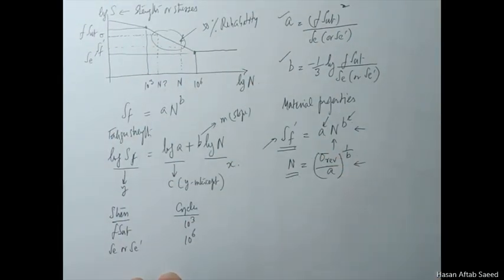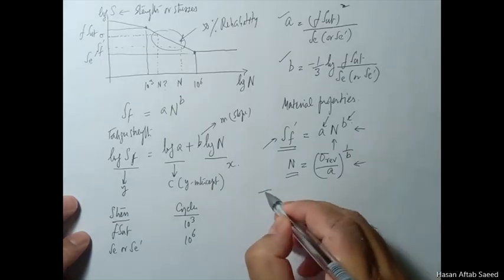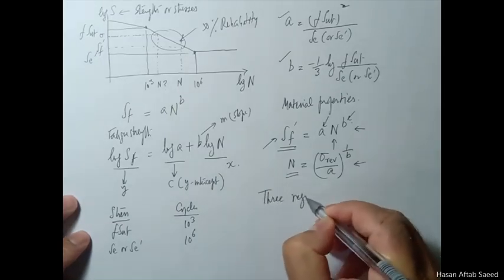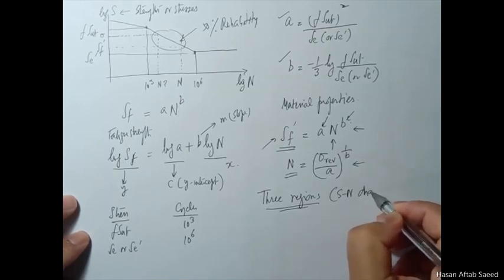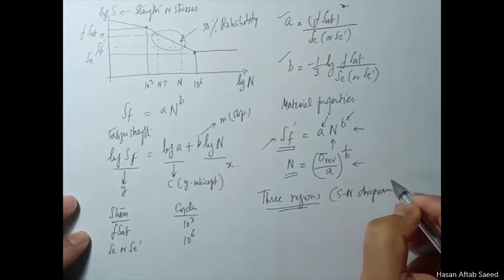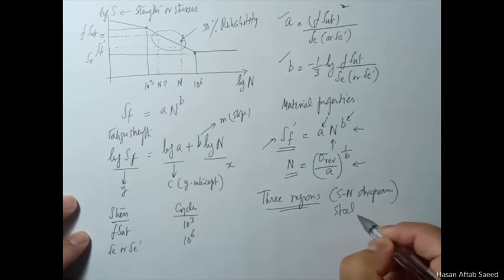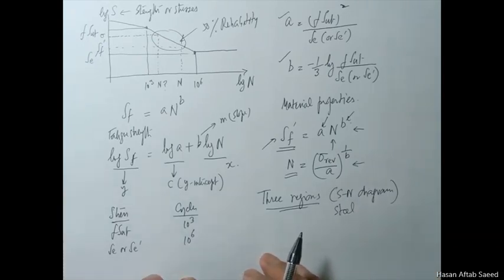So this equation works both ways, and we are going to demonstrate it soon using an example. Now, to sum up, there are three regions in the SN diagram, and we are talking about steel here again. One is N less than 1000.